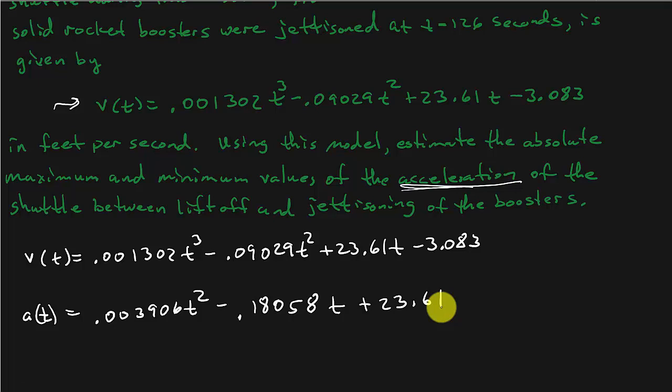Now, let me ask you this. Do we set this equal to 0 and solve for t? No, we don't. You might think we have to find the critical numbers because we're looking for the absolute max and min, right?